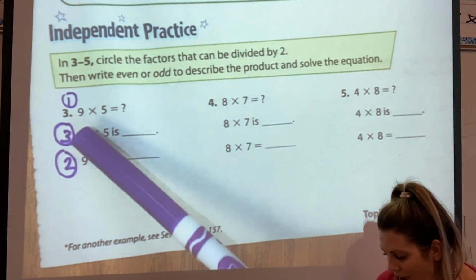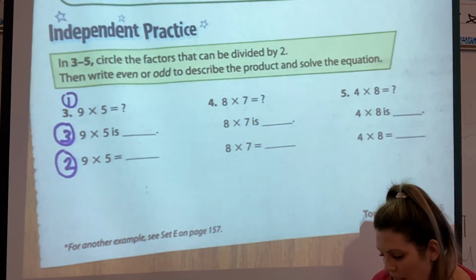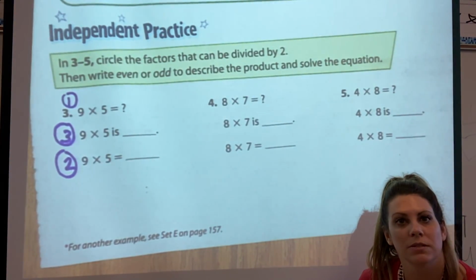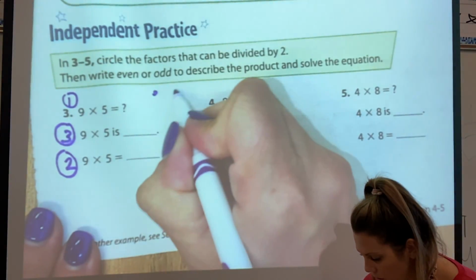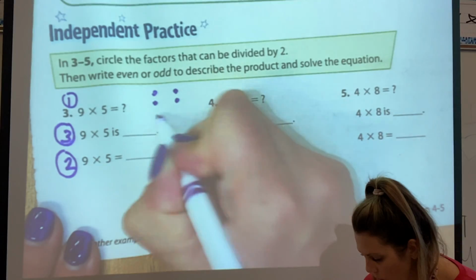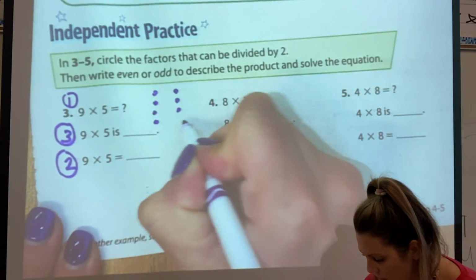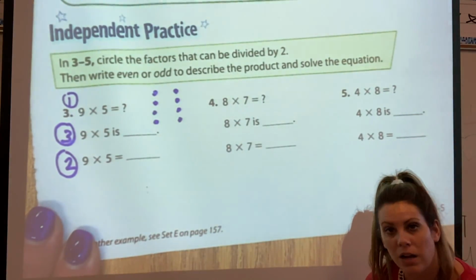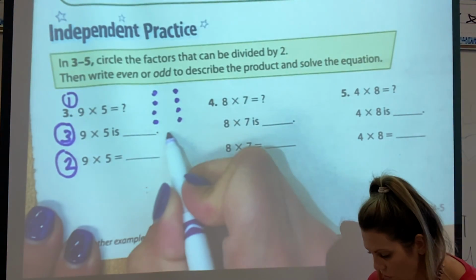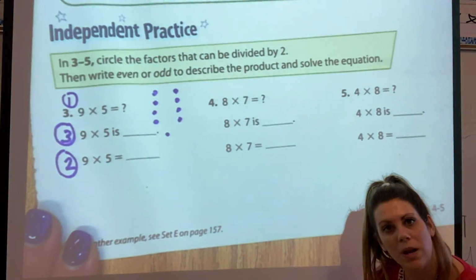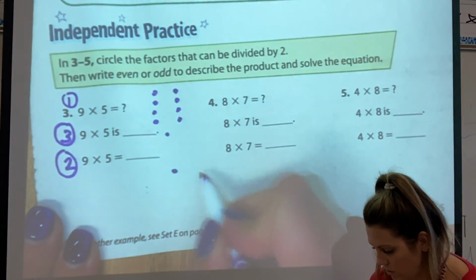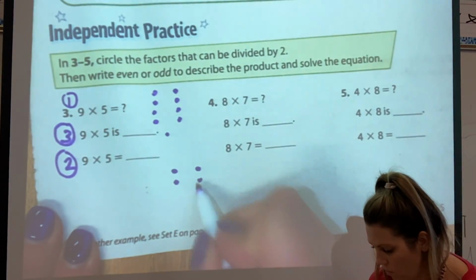So, can 9 be divided into 2 equal groups? Well, let's see. If I drew 9, 1, 2, 3, 4, 5, 6, 7, 8. There would be 1 left over, right? So no, that one can't. What about 5? 1, 2, 3, 4.